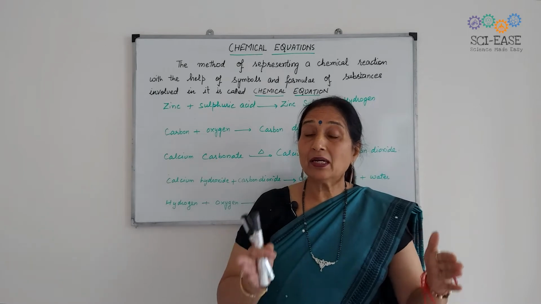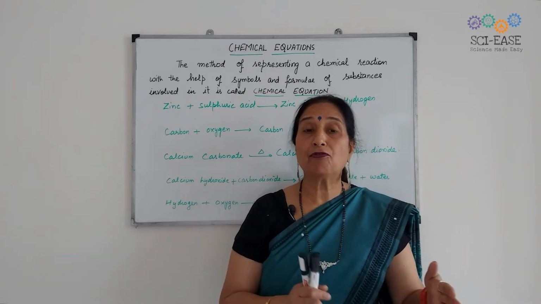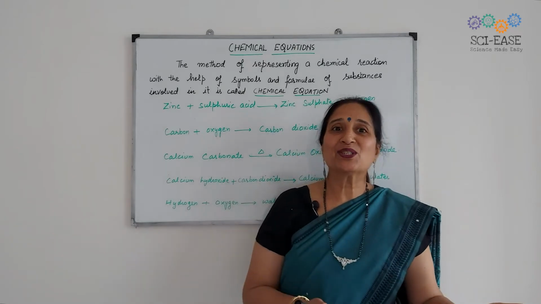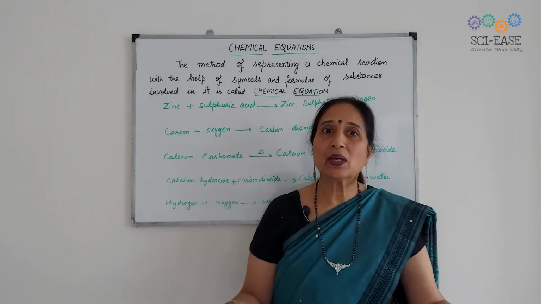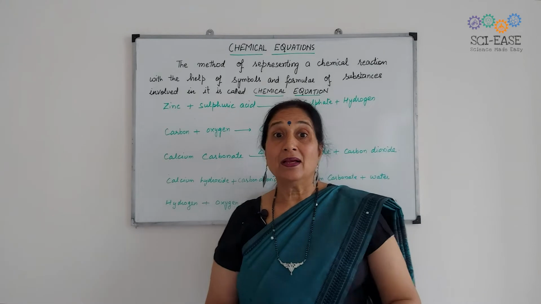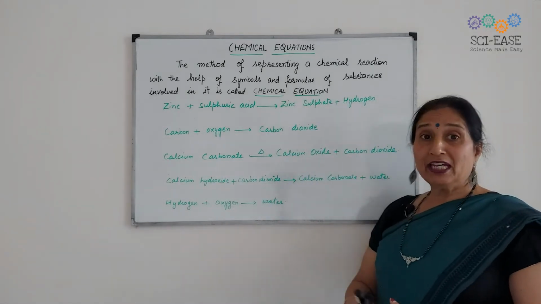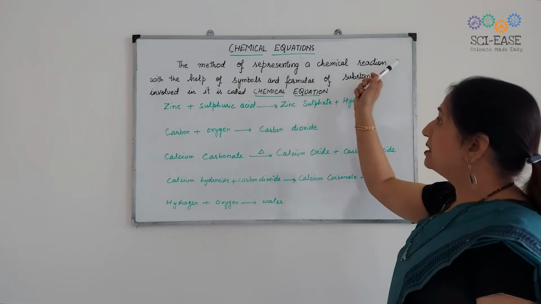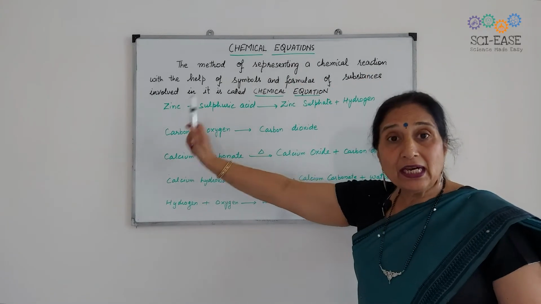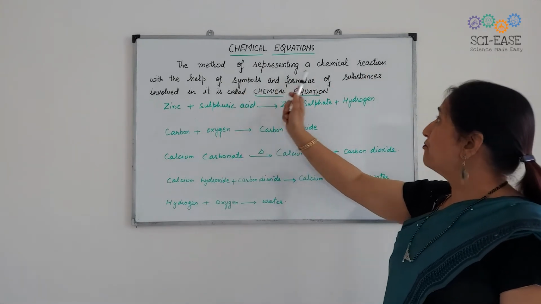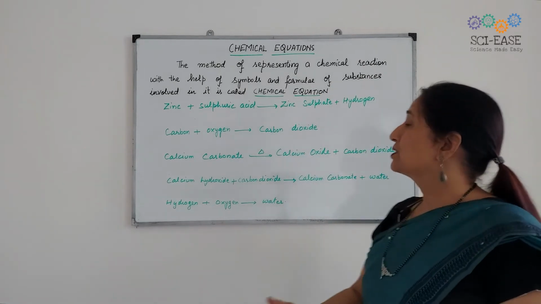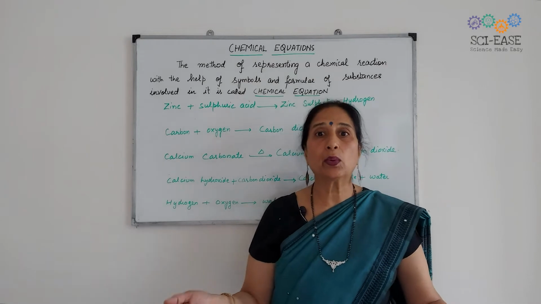When chemical reactions are written in the form of symbols and formulae, then it is known as a chemical equation. The proper definition is: the method of representing a chemical reaction with the help of symbols and formulae of the substances involved in it is called a chemical equation.